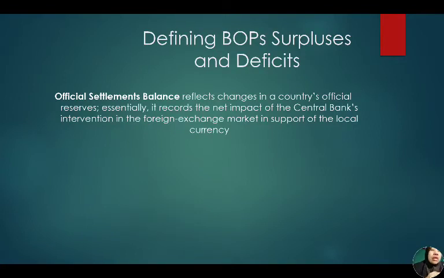This is the last slide in this chapter, defining BOP surplus and deficit. The official settlement balance reflects changes in a country's official reserves. Essentially, it records the net impact of the central bank's intervention in the foreign exchange market in support of the local currency.